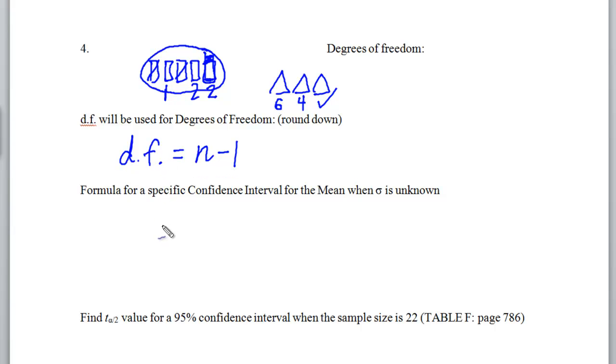Now here's the formula for a specific confidence interval for the average when you don't know the standard deviation for the entire population, but you do know your standard deviation for your small sample.